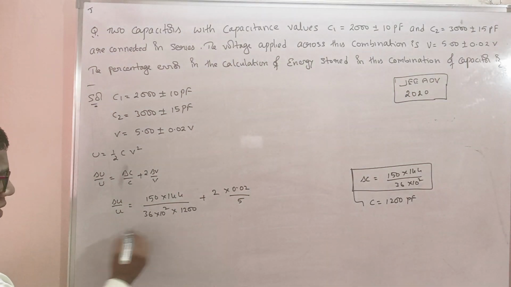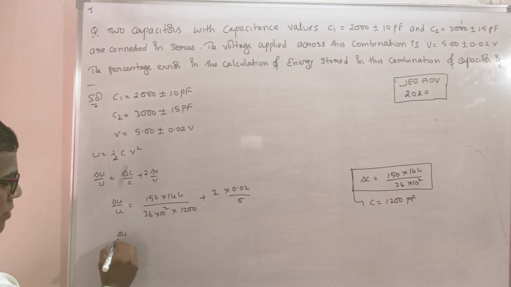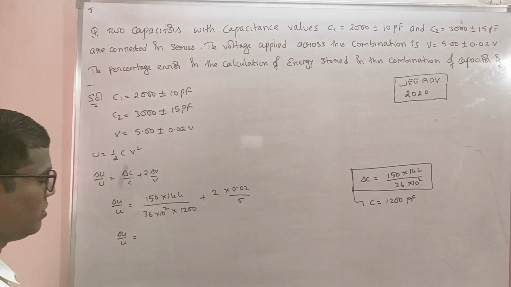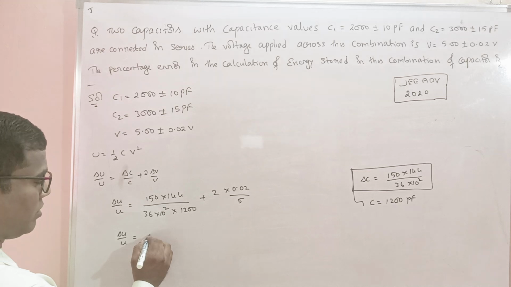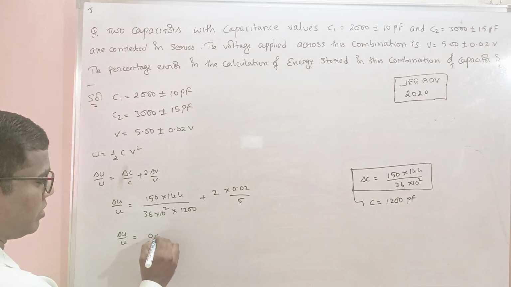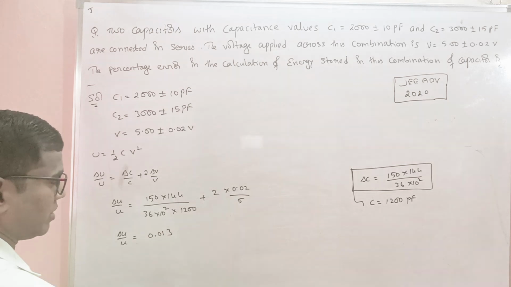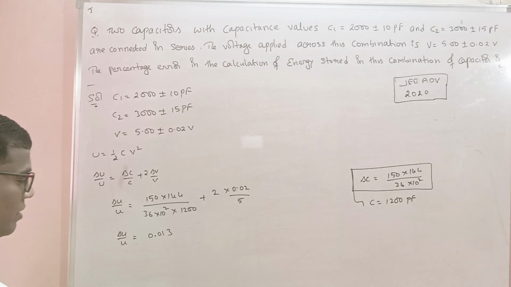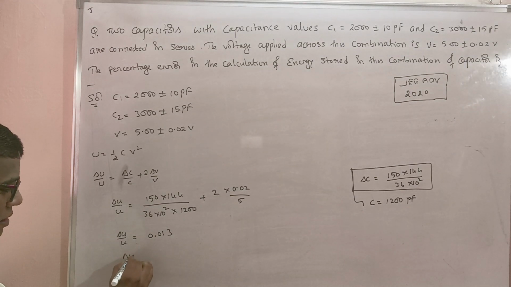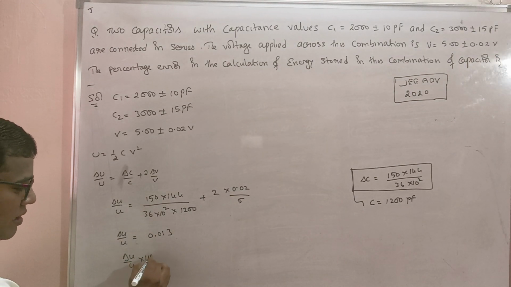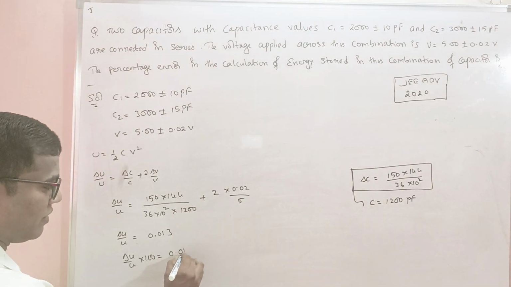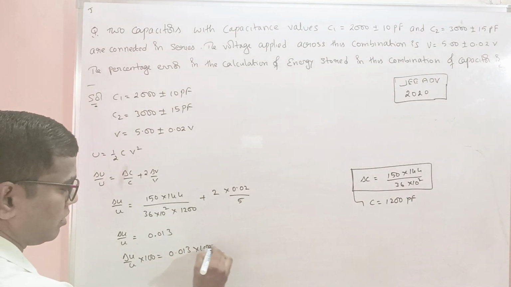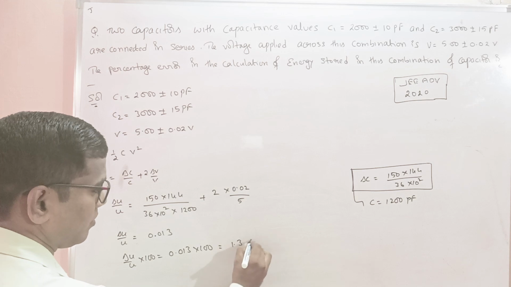So if you calculate, you will get delta U by U as 0.013. This is fractional error. If you want to calculate the percentage error, you have to multiply it with 100. Delta U by U into 100 can be written as 0.013 into 100. So you will get 1.3 percentage.